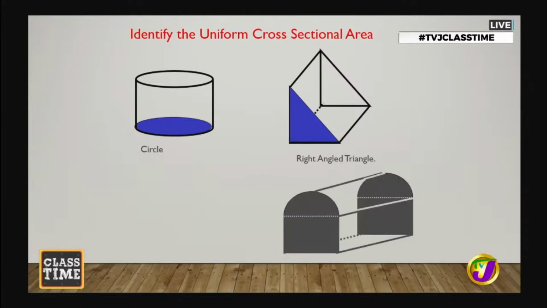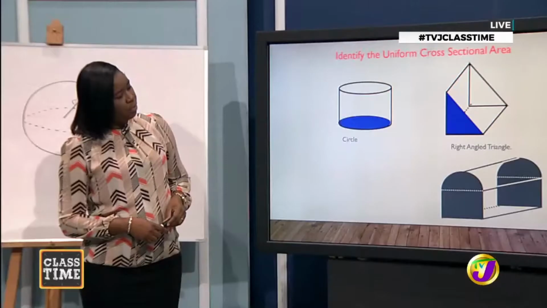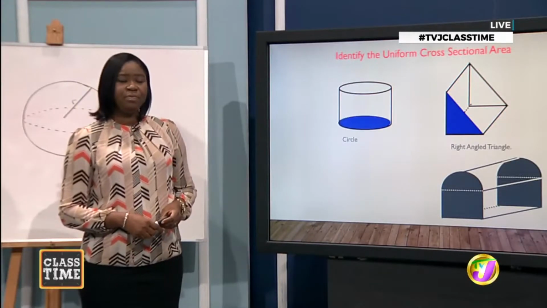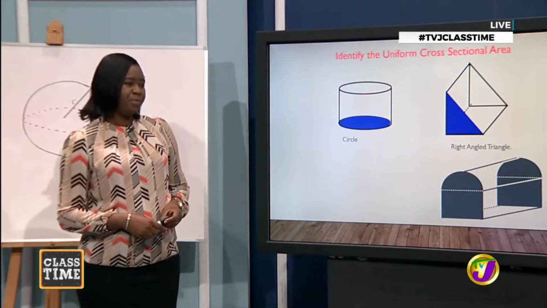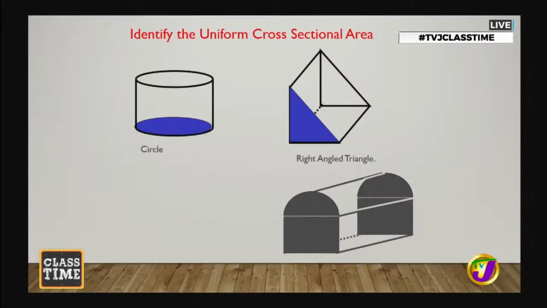And here we have this shape. I'm seeing a semicircle at the top, and then I am seeing a rectangle at the bottom. Right, so this one has 2 cross-sectional areas.